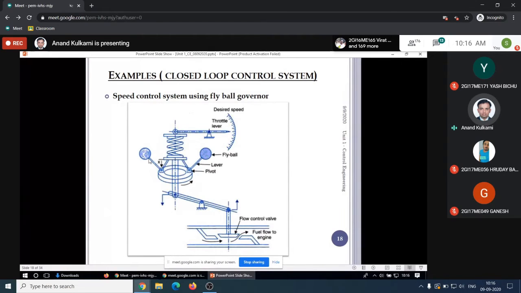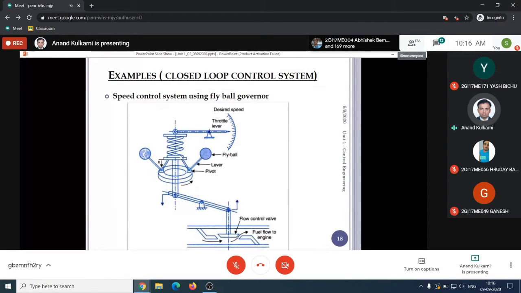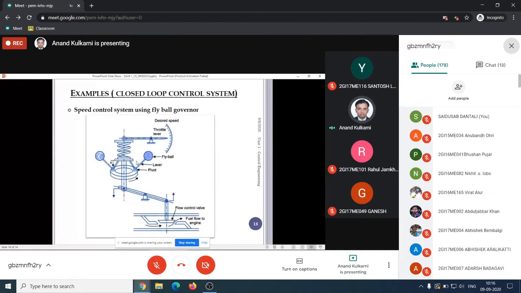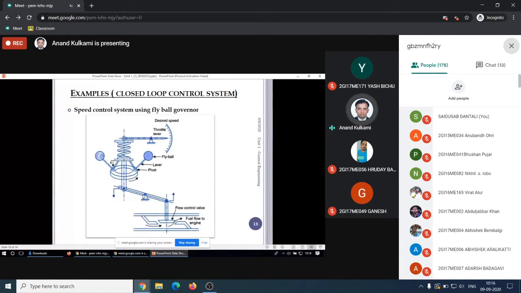So centrifugal force increases, and because of the increase in the centrifugal force, these balls will start flying apart. That means the radius of rotation of the ball increases, and because of that, the sleeve moves up. When the sleeve moves up, because of this lever, this end moves up, this end comes down, and it will close this valve through which the steam is being supplied to the engine.